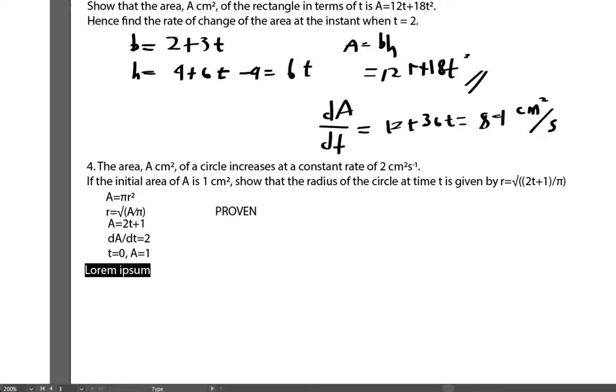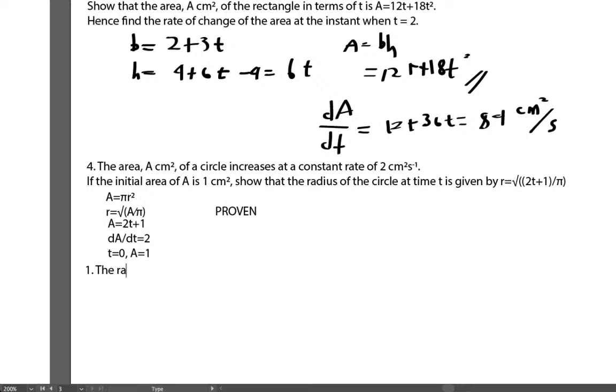The next problem is on the related rate of change, number 1 again of number 3, page 261.